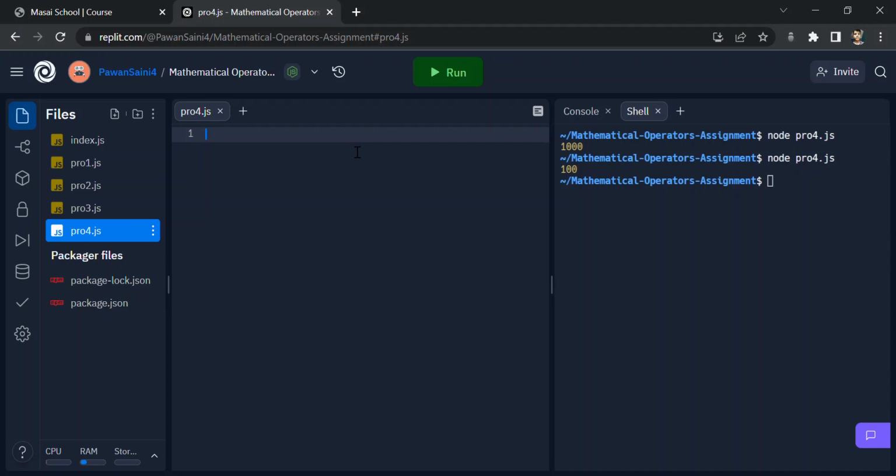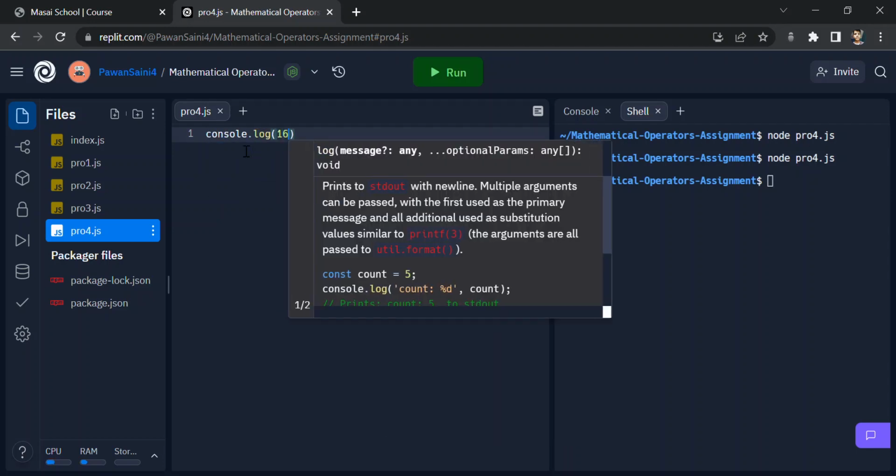If I want to take the square root of number 16, I simply put the exponentiation sign here and put 0.5, which means 1 divided by 2. If I increase the power of this number, 16, by 0.5, I'm going to get the square root of 16. Let's console log this.